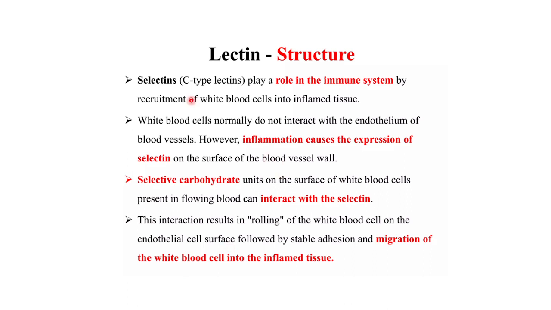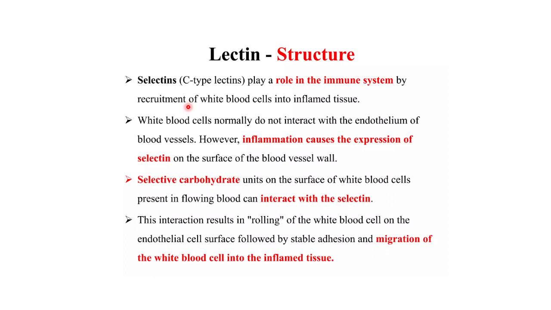Then you have the selectins, which are also C-type lectins, which play a role in the immune system by the recruitment of WBCs into an inflamed tissue. WBCs do not interact directly with the blood vessel endothelium. Inflammation causes the expression of selectins on the surface of the blood vessel wall.